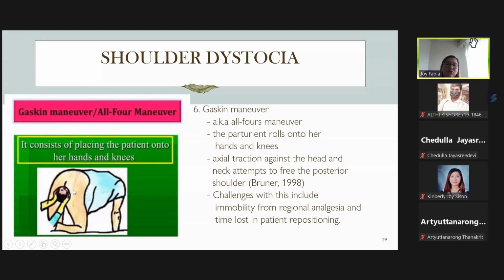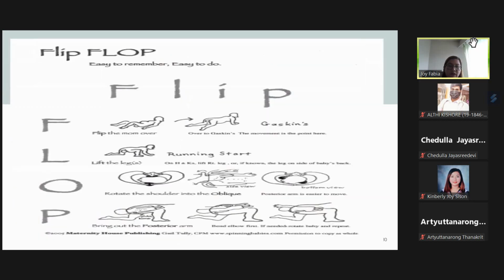So, yung posterior shoulder yung free natin ulit dito. However, what are the challenges that we can encounter with the Gaskin maneuver? This includes the immobility due to the regional analgesia given and the time loss in patient repositioning.